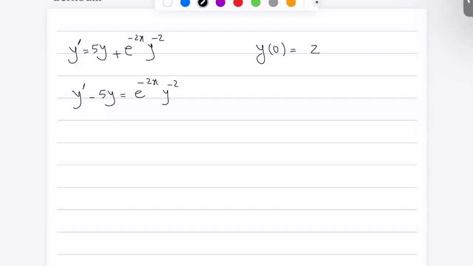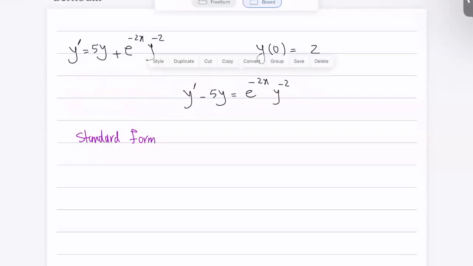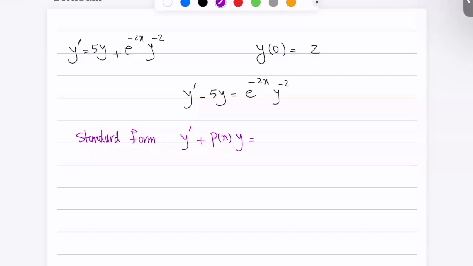And we can immediately see that this looks like a Bernoulli equation, right? So we have y prime plus some function times y equals some function times y to the n. If you remember, the standard form for Bernoulli's equation looks like this: y prime plus p of x y equals q of x times y to the n.